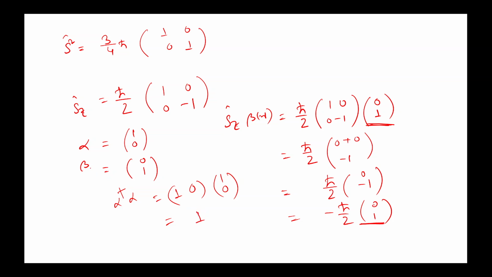And similarly, if you do alpha dagger beta, as they are real, I'm not writing the complex part. So you can see that 1 0 and you have 0 1, it gives you 0. So alpha and beta are orthogonal to each other, they are normalized, and they are the eigenfunctions of S square and Sz operators.